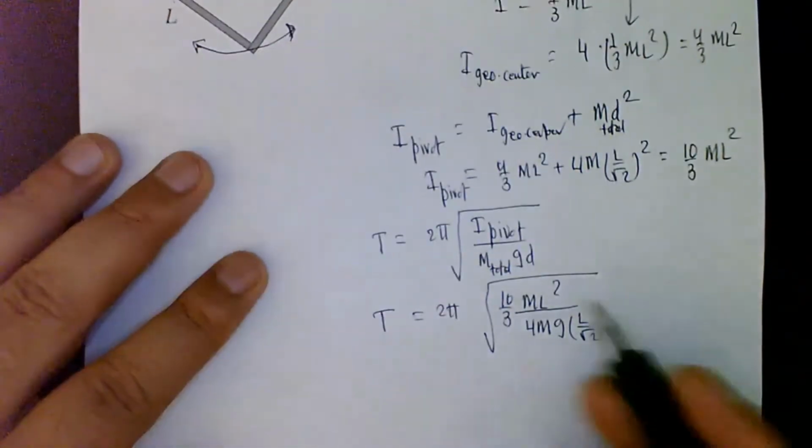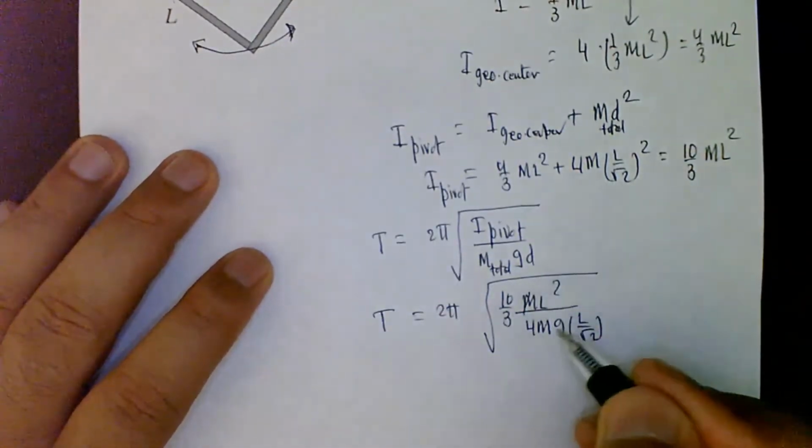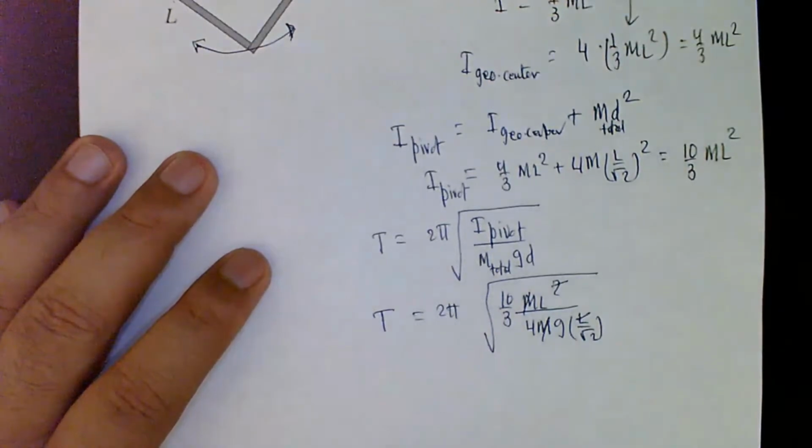That's the period, and you can simplify that, so there are so many things that will cancel out.